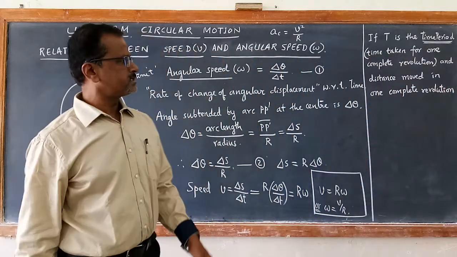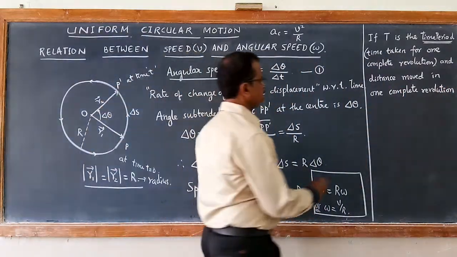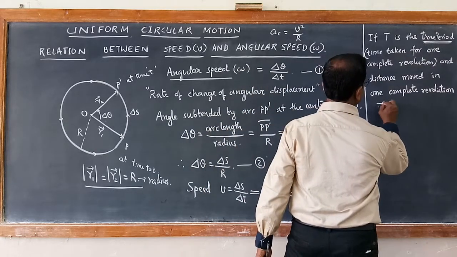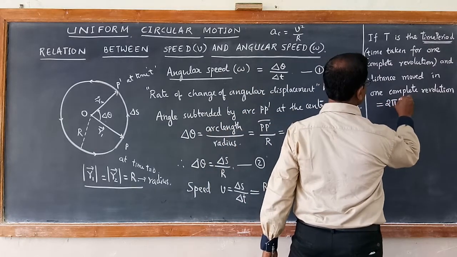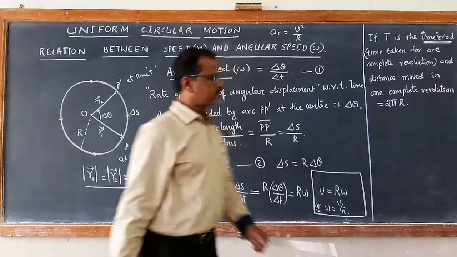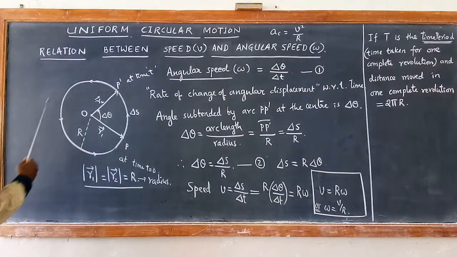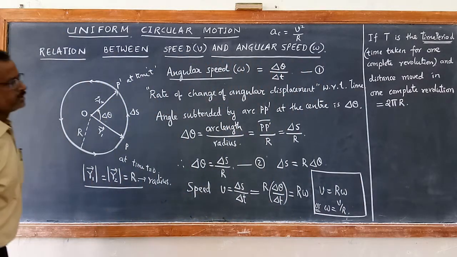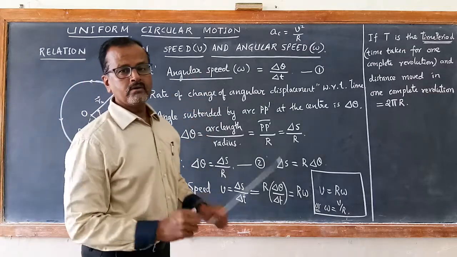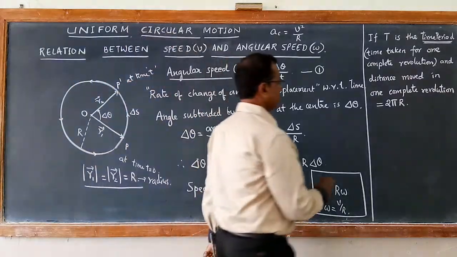Distance moved by the object in one complete revolution is the total circumference. The total circumference 2 pi times the radius. Using this also we can define what is the speed.